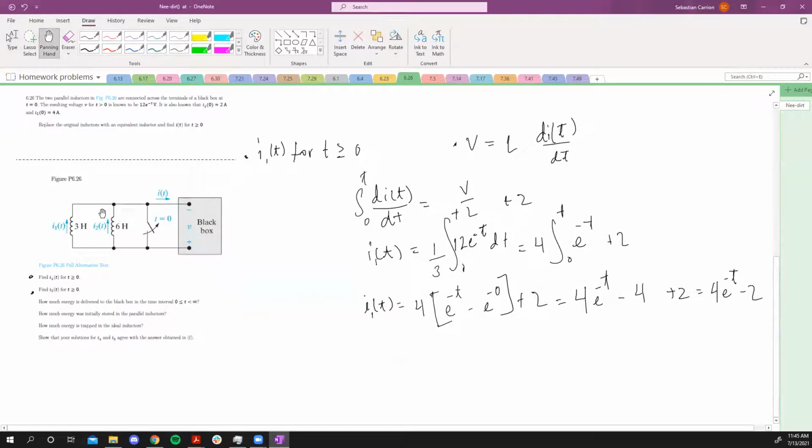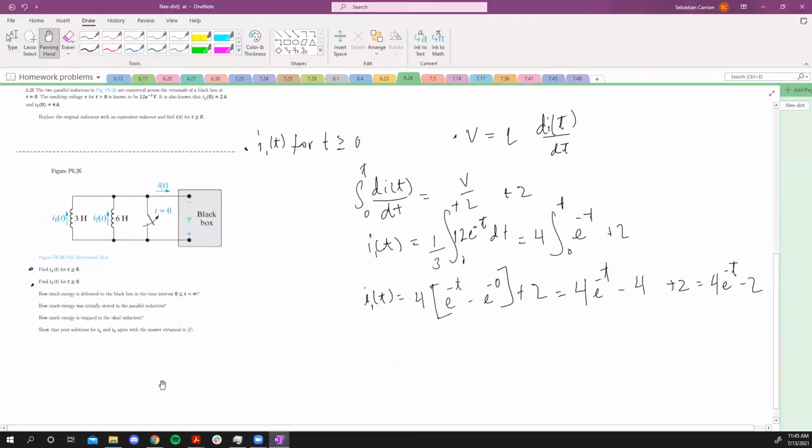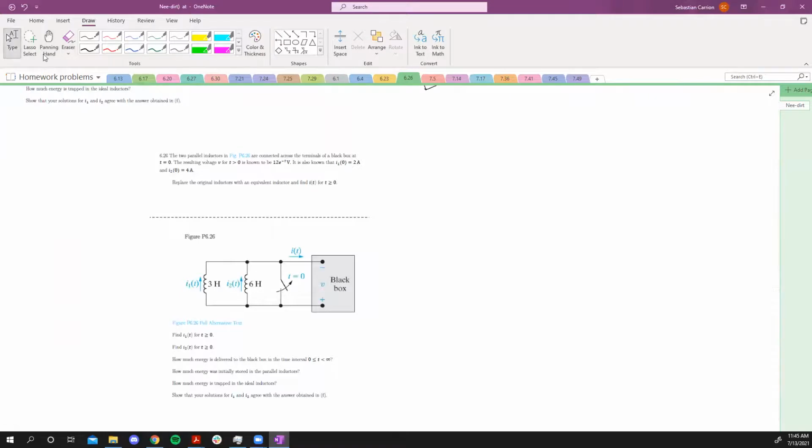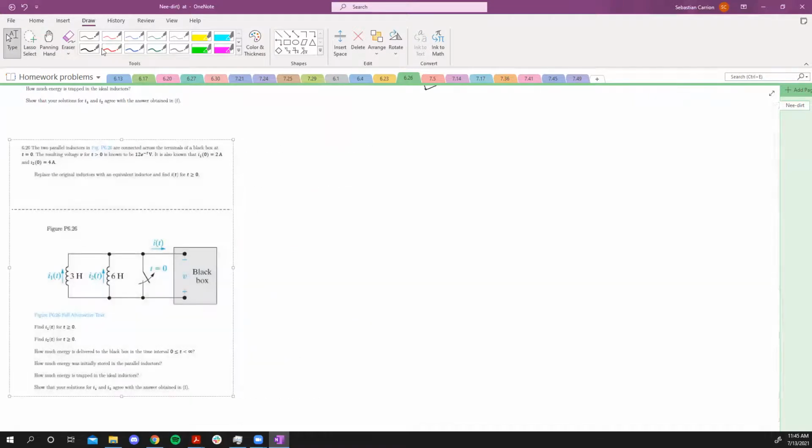Now I'm going to do it for I2, for t greater than 0.